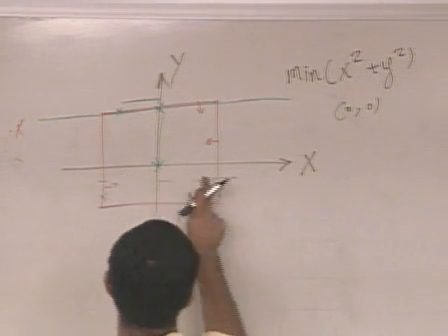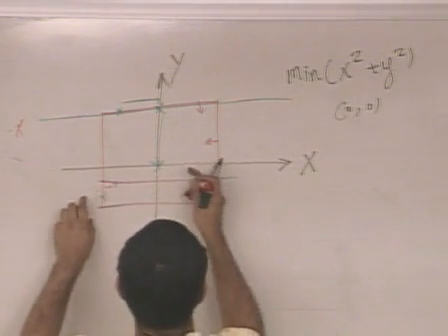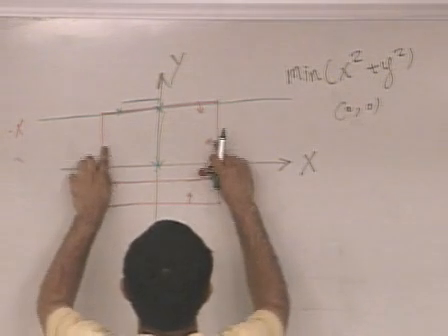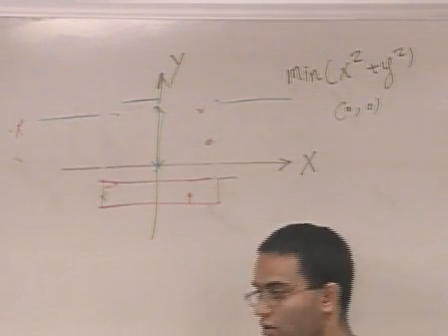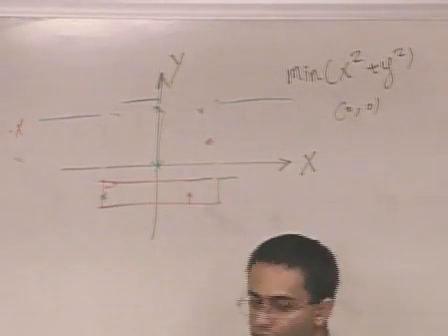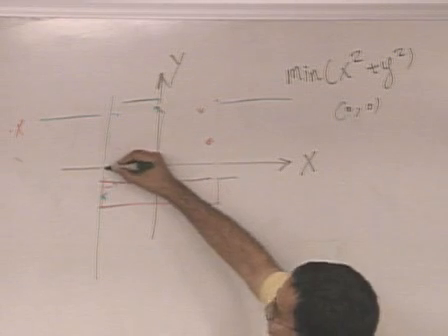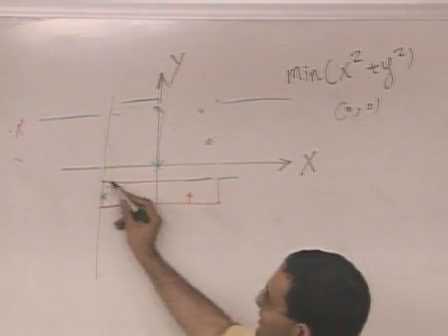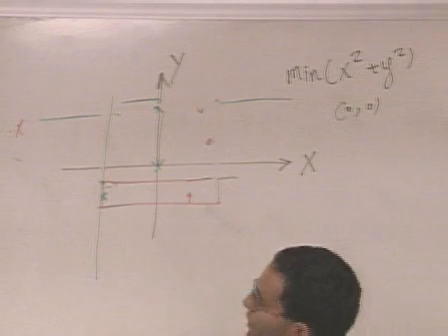Now assume that this is your feasible set, and you start from here. First, you want to optimize over this line. So you want to come here, but you're going to hit this constraint and you're going to stop here. So from here, you're going to come here.